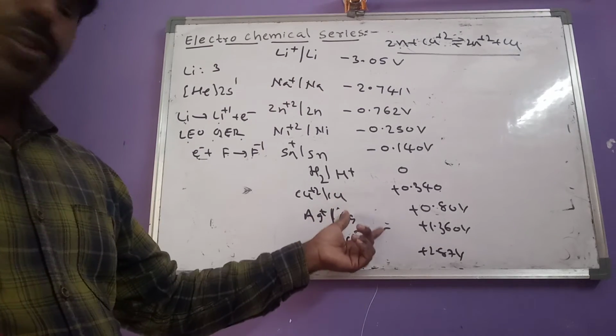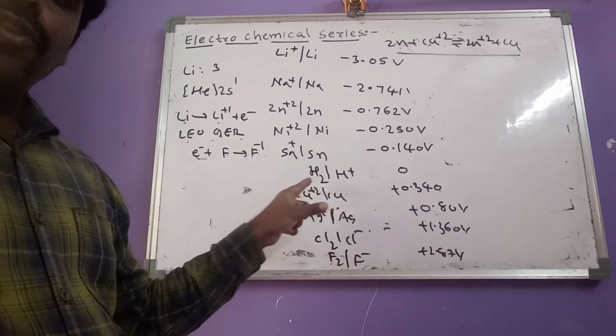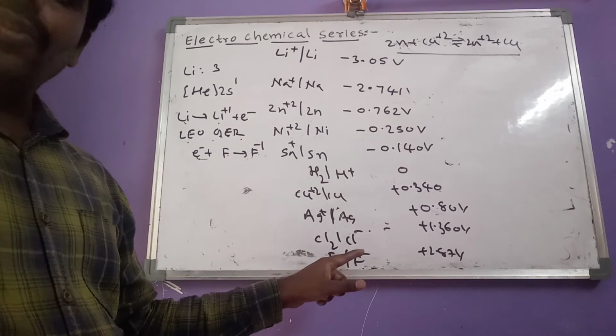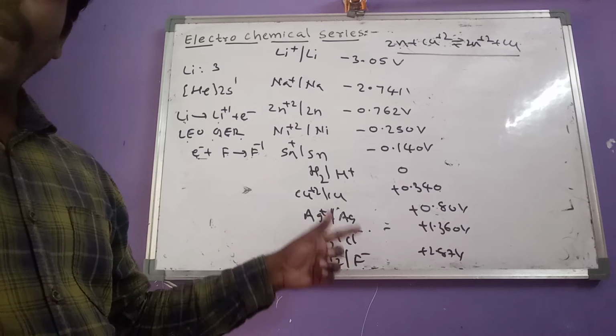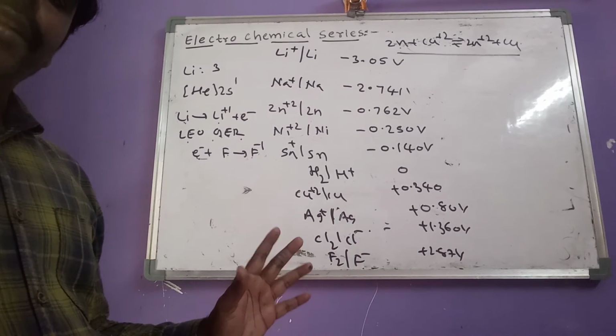When electrodes having more E0 value are connected with hydrogen electrode, they undergo reduction and act as cathode. We have to remember this point here.